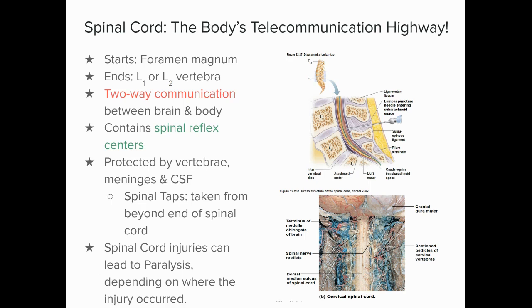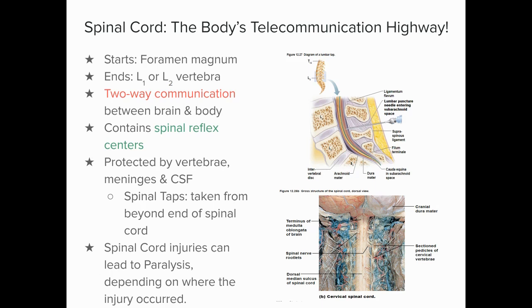All right, so the vertebrae and the meninges and the cerebral spinal fluid protect your spinal cord. Sometimes you can see up here, a doctor might want to get a sample of your cerebral spinal fluid. And so the spinal tap is done.